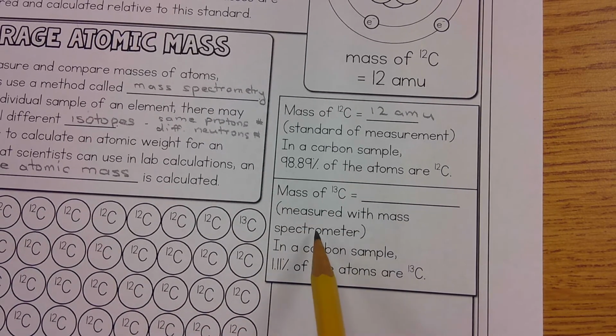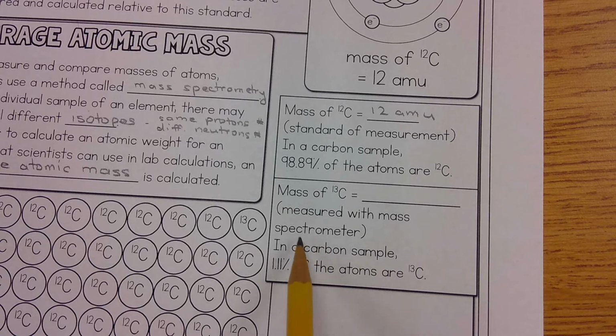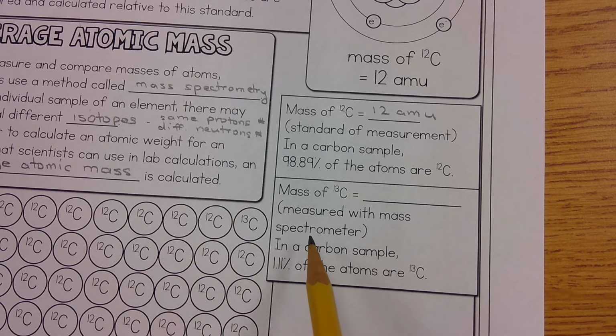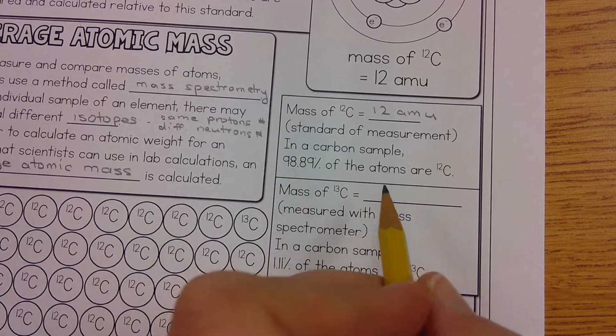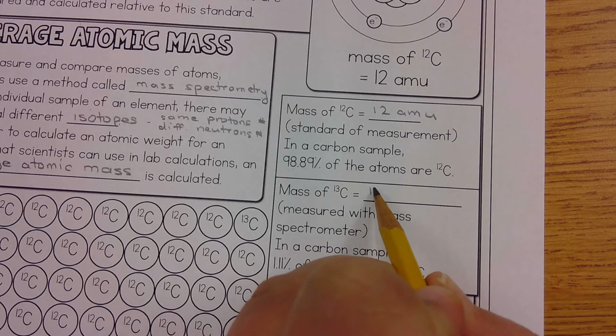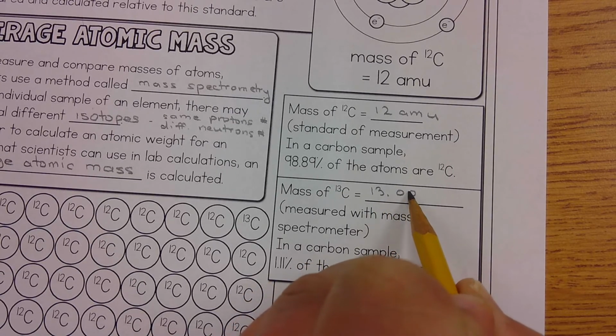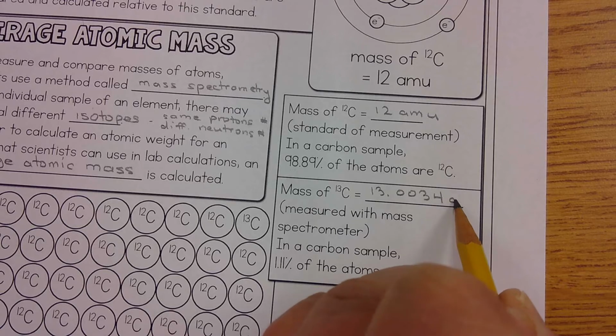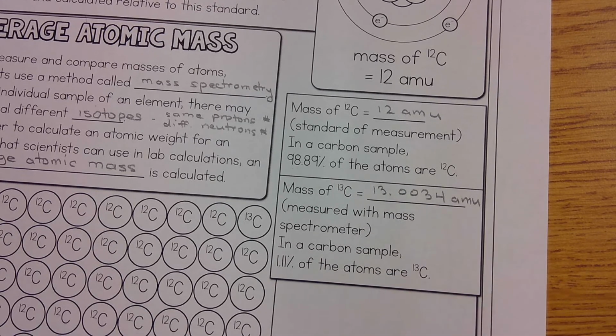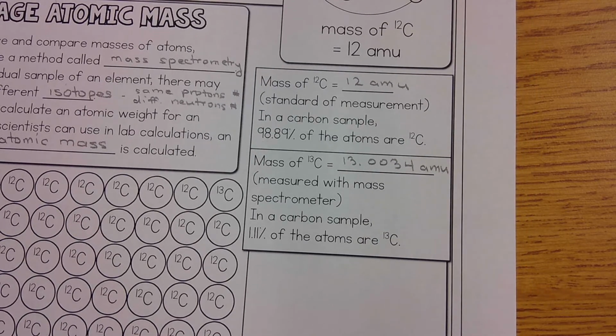The mass of carbon 13, measured with that mass spectrometry, is actually 13.0034 AMU. And about 1% of the atoms are carbon 13.